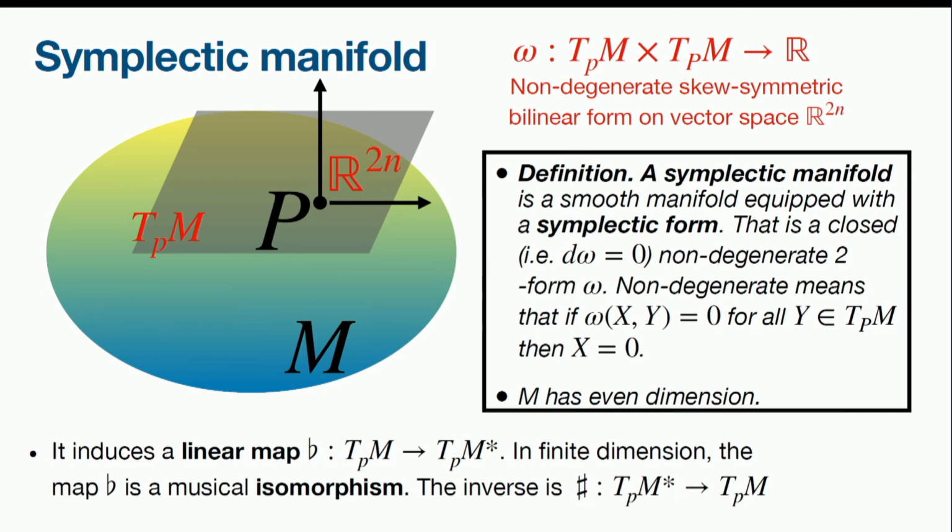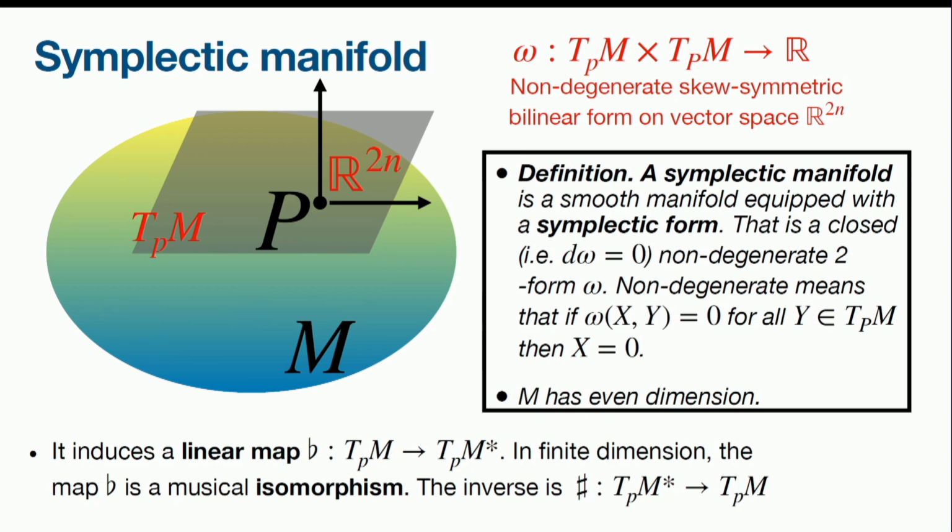I start in a very elementary way. I just recall things. We have omega, a non-degenerate skew-symmetric bilinear form on a given vector space. This vector space is 2n-dimensional. And the definition is that a symplectic manifold is a smooth manifold equipped with what we call the symplectic form.